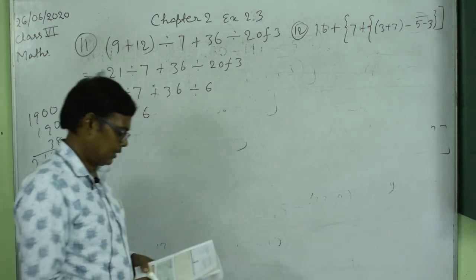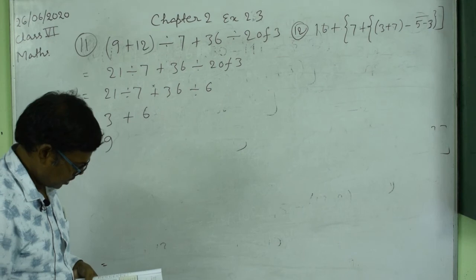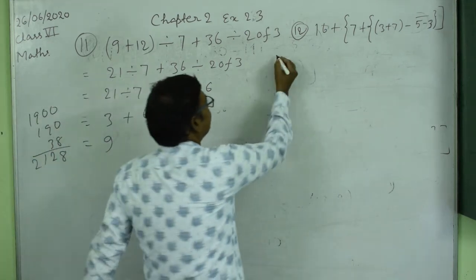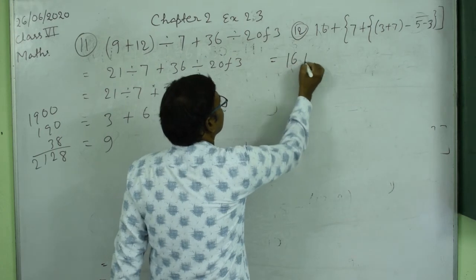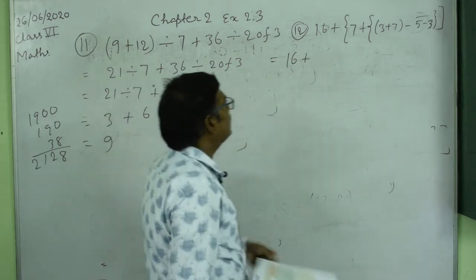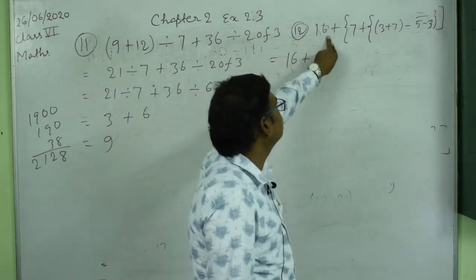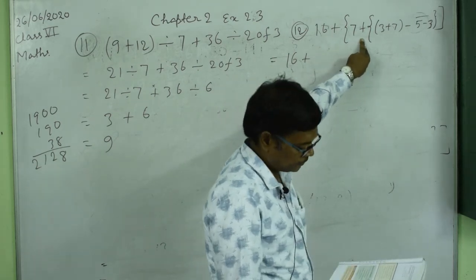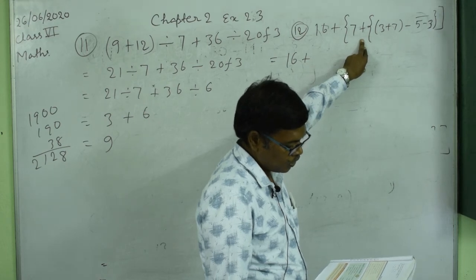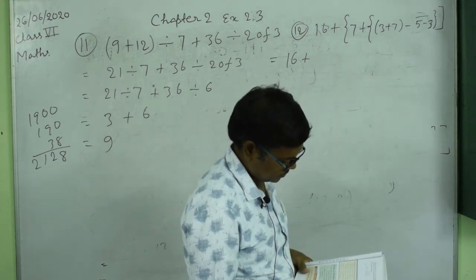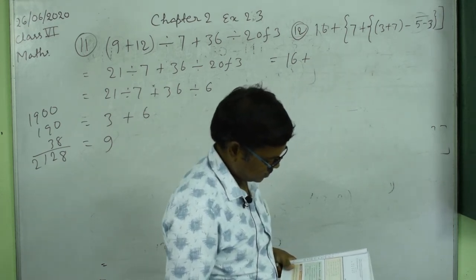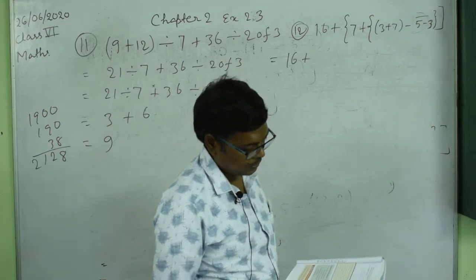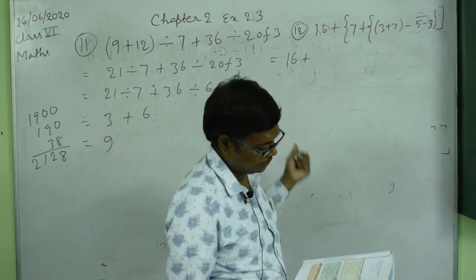Okay, so now the question number 12. In this question number 12, again here write 16 plus. Now see here that in this question you have 16 plus bracket and then 7 plus again bracket. I think here in this question this bracket is not correct.